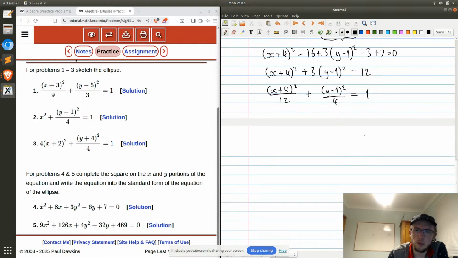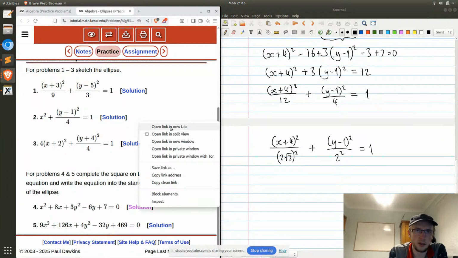But I guess if you really, really wanted it in the standard form, what's that? Square root of 12. That would be 2 root 3. There.